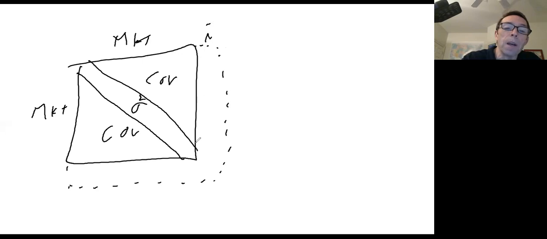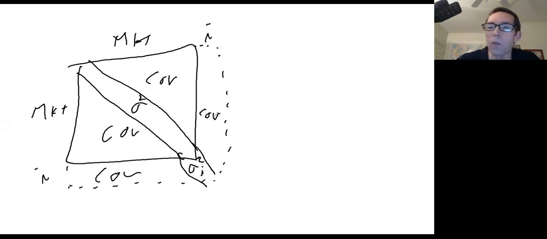There's a column for asset I, and there's a row for asset I. Now we're adding one more cell here, and that is the variance of asset I. But we're adding thousands of covariance cells here, and we're adding thousands of covariance cells there. There are so many covariance cells that we are adding, and just one variance cell, that we can pretty much ignore this one variance cell.